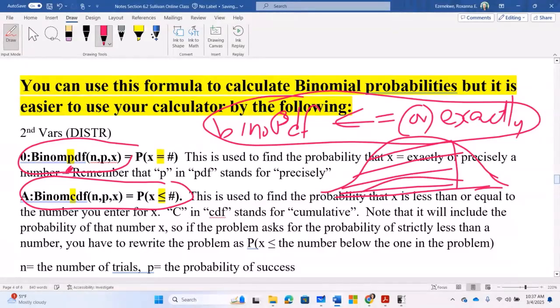You are looking for the sum of the area under the normal curve. Maybe I call it a normal curve, but you are accumulating. So in this case, you are using binomial CDF, cumulative density function.